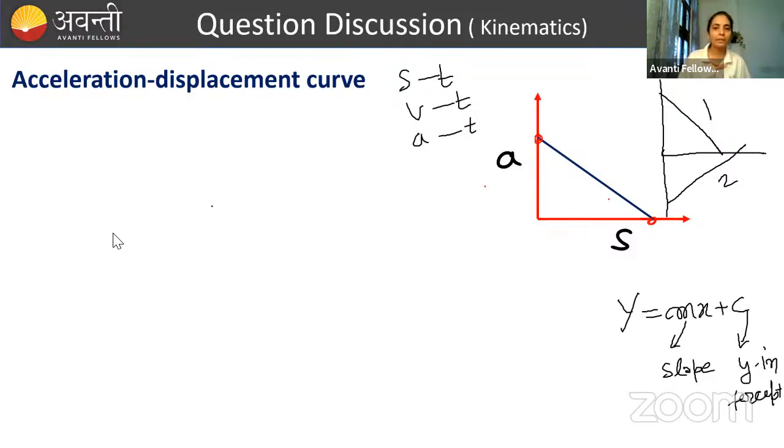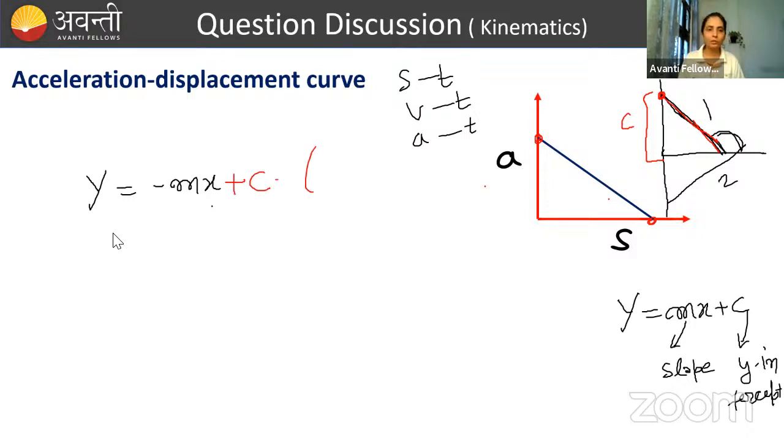You should know it, right? तो कैसे लिखोगे? Y equal to, अब देखो पहले लाइन का अगर मैं इक्वेशन लिखूं तो फर्स्ट लाइन स्लोप विल बी व्हाट? पॉजिटिव और नेगेटिव? नेगेटिव, क्योंकि it is making an obtuse angle with the positive direction of x axis, right? So slope is negative, so you will write y equal to minus mx, स्लोप नेगेटिव है इसलिए मैंने लिया। Now what is the y intercept? y intercept का मतलब just try to see कि where the line is cutting y axis. So this line is cutting y axis where? Here. So the distance of this point from the origin will be taken as y intercept. So here y intercept is positive, तो यहाँ पे मैं क्या लिखूंगी? प्लस. So this is the equation of the first line.